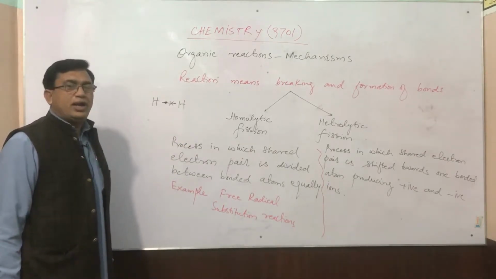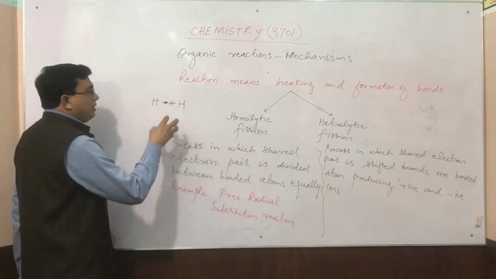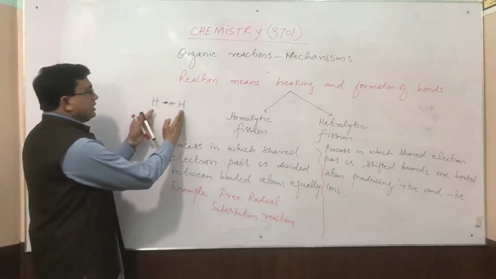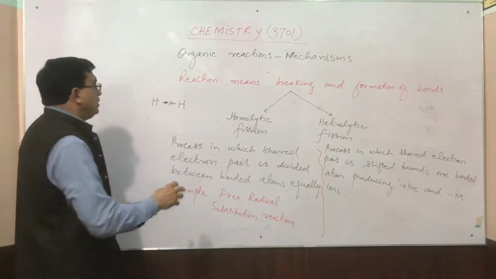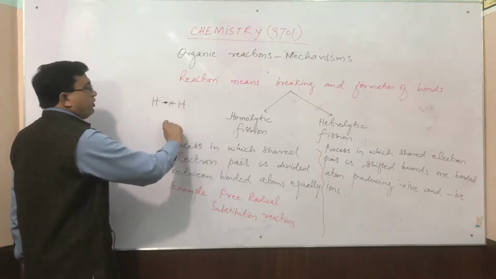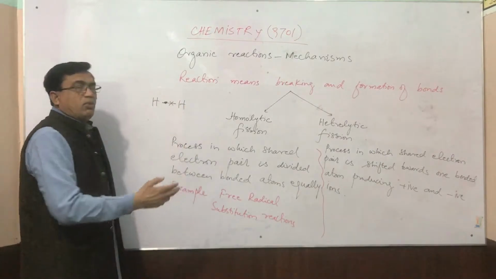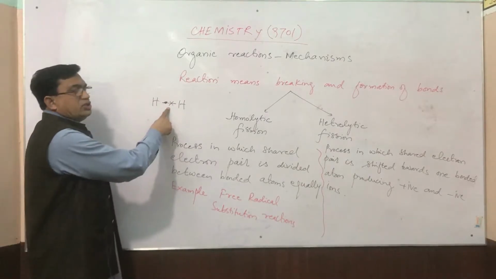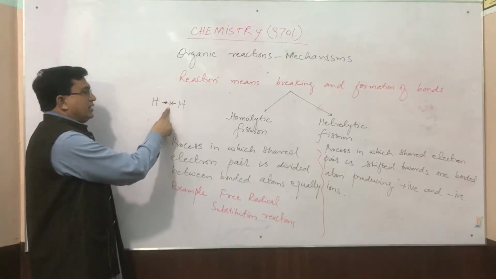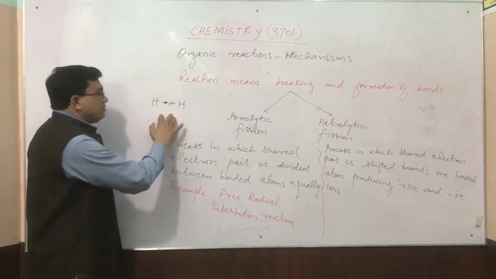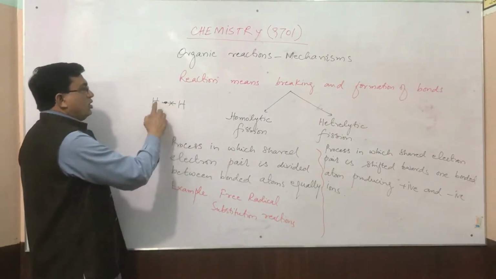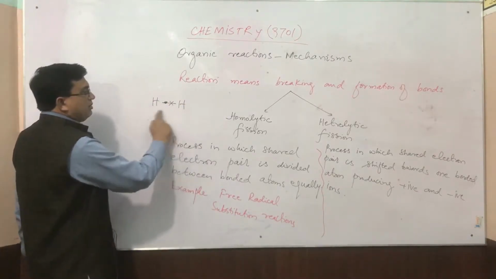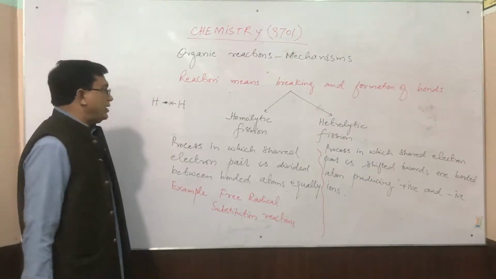Now, if we apply energy to break this bond, as this bond is non-polar, the same force of attraction from both sides is applied on the shared electron pair. That's why in this molecule the electron charge density is distributed equally between the two atoms.